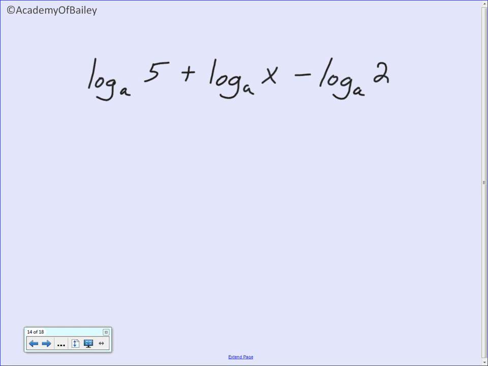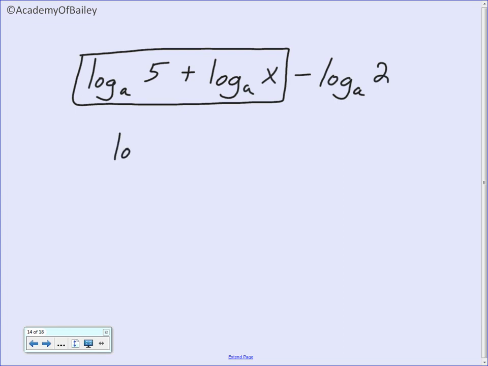Since they all have the same base, that helps us out. Let's look at the first two. They have the same base, and we're adding those two logarithms. So isn't that the product property? Log base a, and then we take 5 and multiply it by x to get 5x.